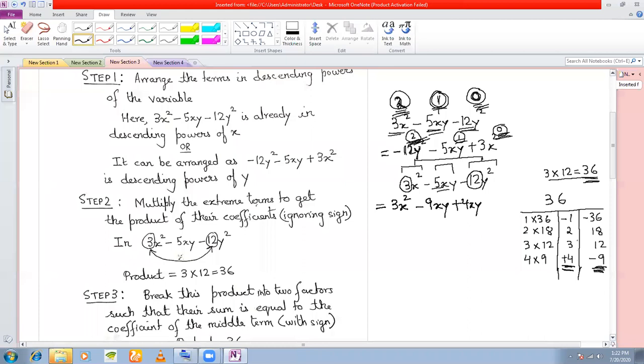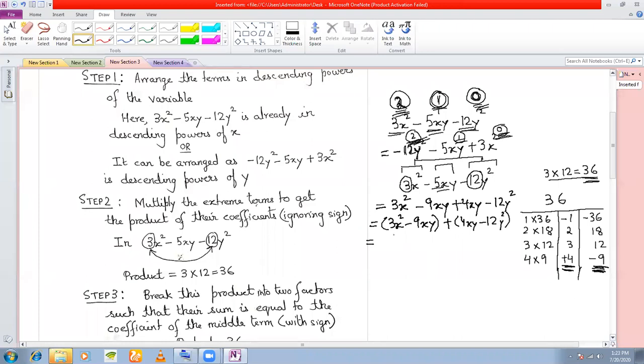Because there's a minus 9, I'll write a minus 9xy. Because there's a plus 4, I'll write a plus 4xy. And this one I'll write as it is. Okay. Now I'll group simply first and second, just as the grouping that we have already done. First and the second we group. Third and the fourth we group.